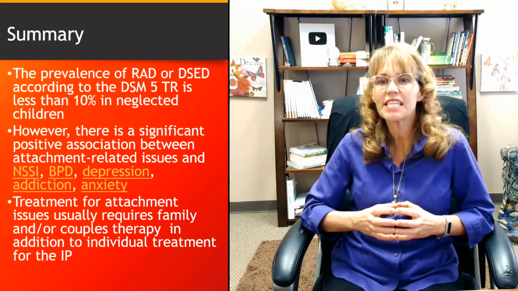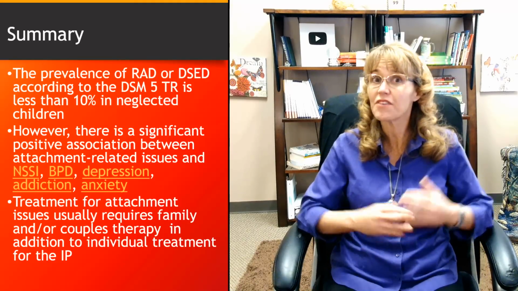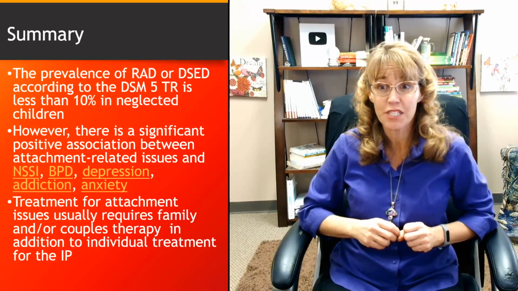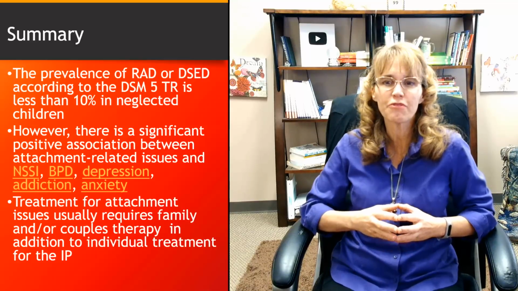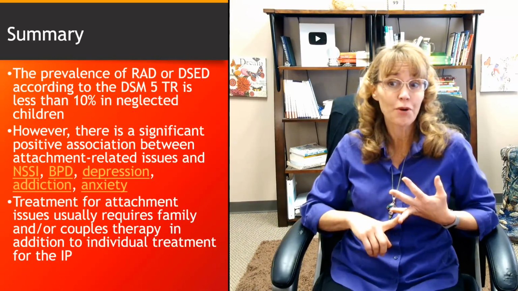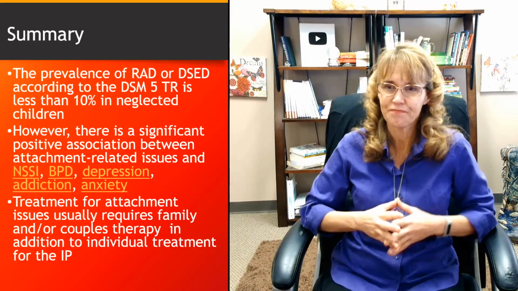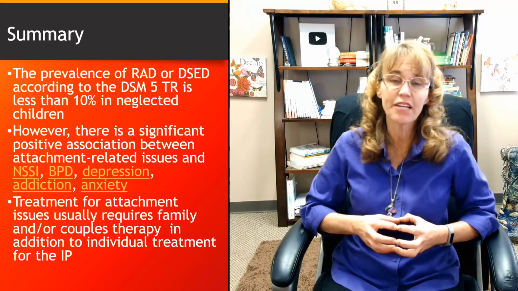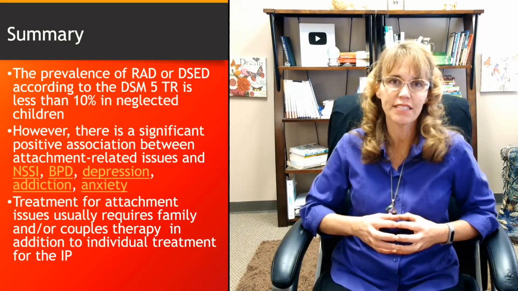However, there's a significant positive association between attachment-related issues, even if it doesn't rise to the level of meeting one of these two attachment disorders, and non-suicidal self-injury, borderline personality disorder, depression, addiction, and anxiety. Treatment for attachment issues usually requires family and/or couples therapy in addition to individual treatment for the identified patient.